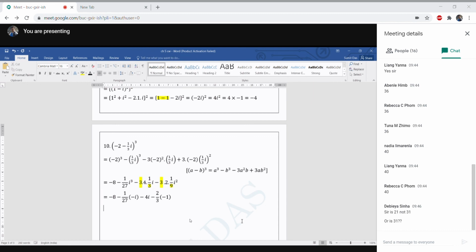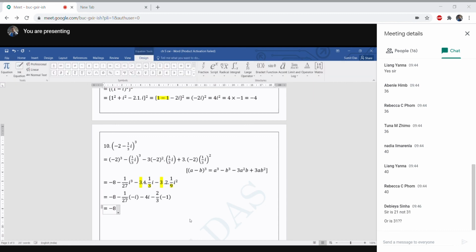So next line again it will be minus 8. Then minus minus plus, it will be 1 by 27 i. Minus minus plus, so it will be plus sign, and it will be minus 4i. Okay, then plus 2 by 3, because minus minus plus.